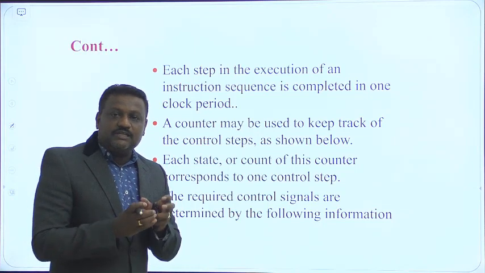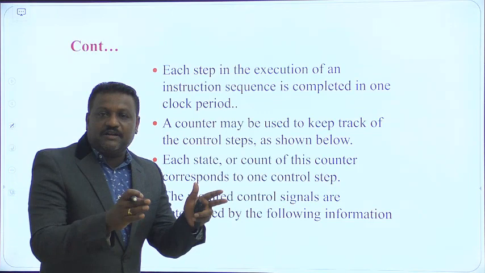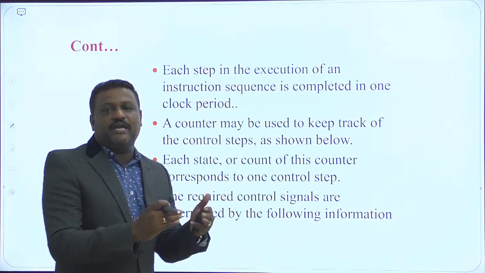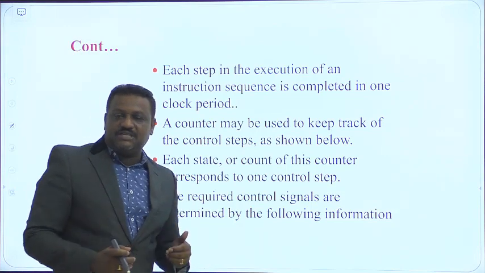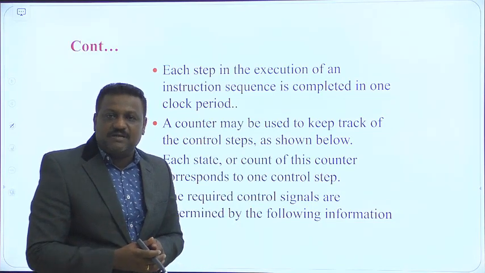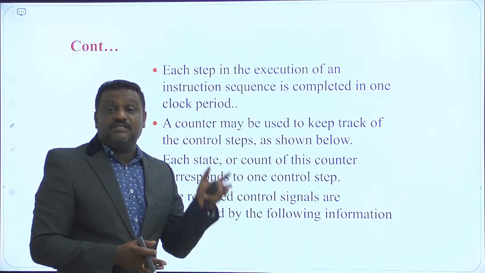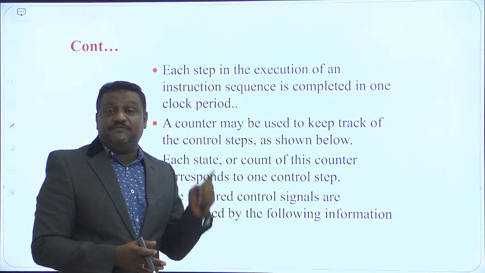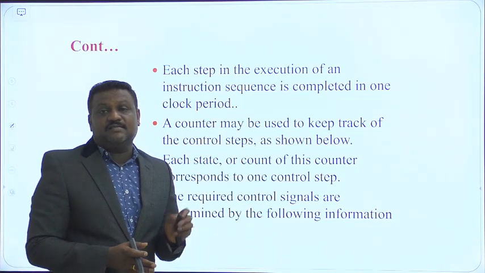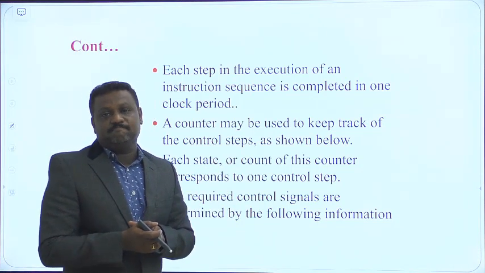In order to execute these 3 different operations, that is, generation of control signals for registers R1 and R2, then generation of the control signal for the ALU to do addition, and then generation of the control signal for register R3 to take the data available on the internal bus, these different operations are performed in different clock cycles. In order to keep track of these, I would like to use a counter internal to my system.